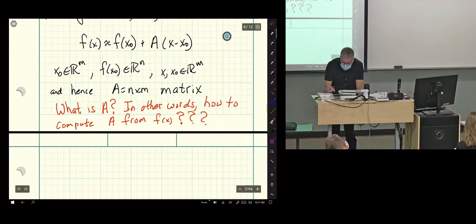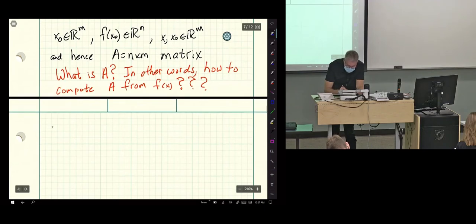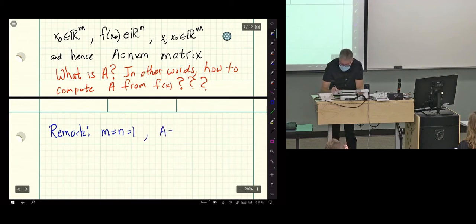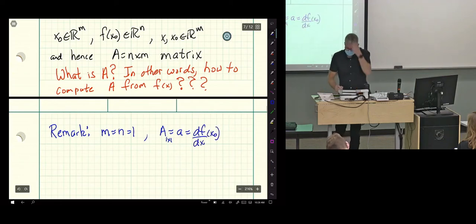And just to set us up a little bit as a remark, when we're doing the scalar case, you might just call A because it's 1 by 1, right? It was the local slope of the function.